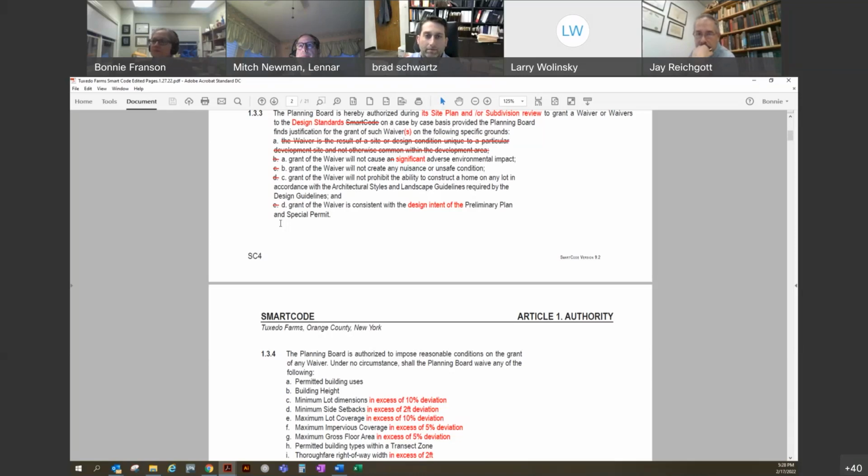I think you have to understand that when that language was originally crafted and drafted, it was for a primarily single-family development where there were individual lots. You had the case-by-case basis language that we recognize could have site conditions unique to that lot that needed unique treatment for that particular lot via a waiver.